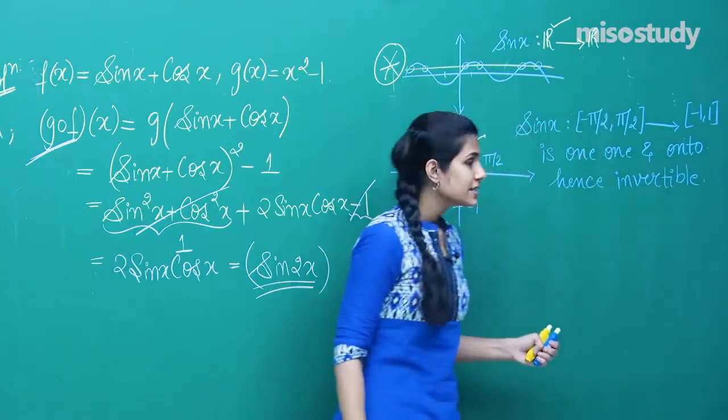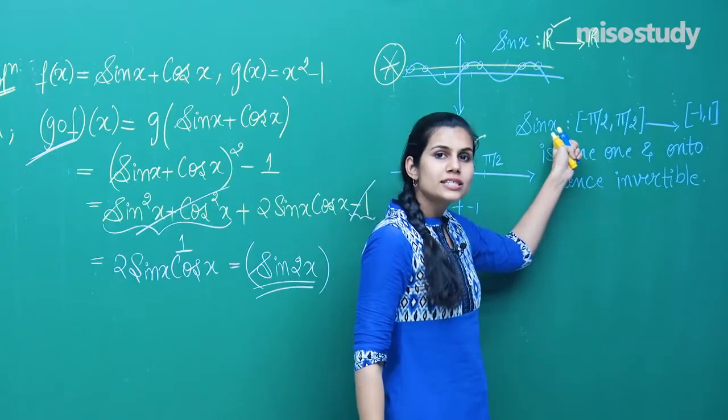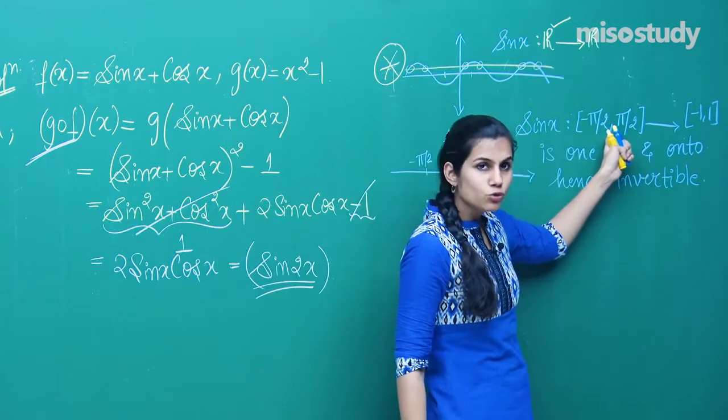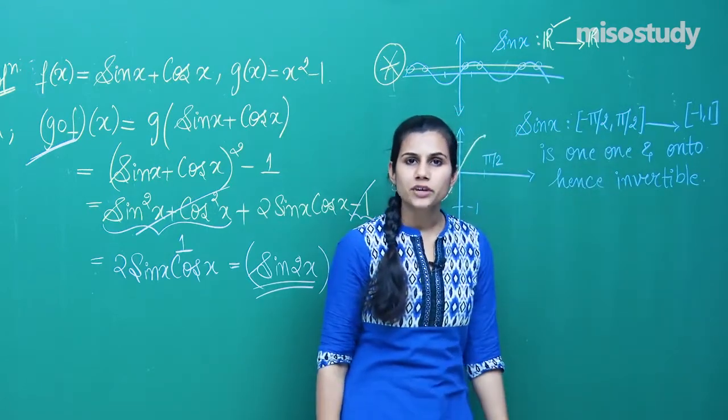So this means x, which is the input for sine, should come from minus pi by 2, pi by 2 for sine x to be invertible.